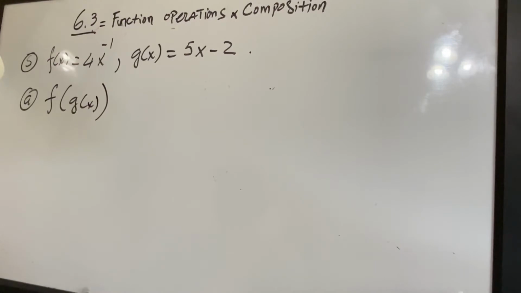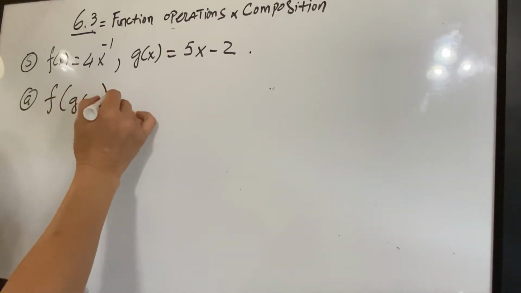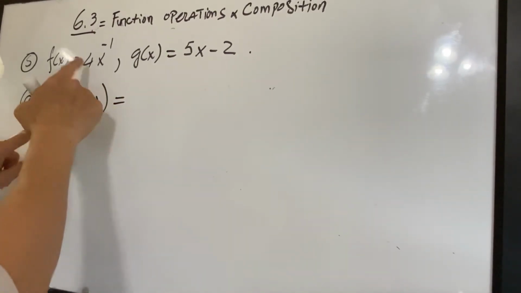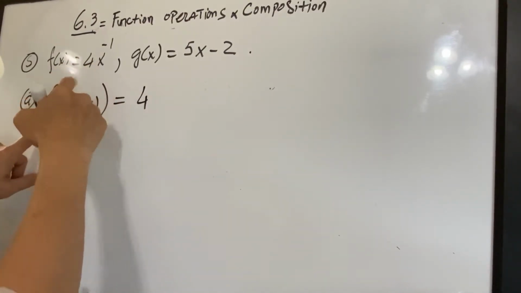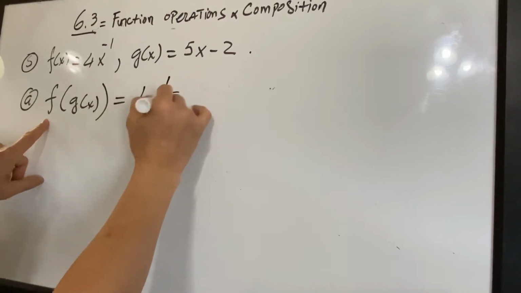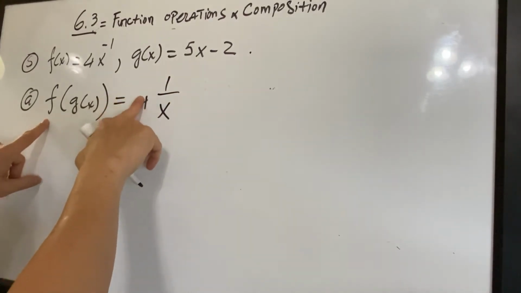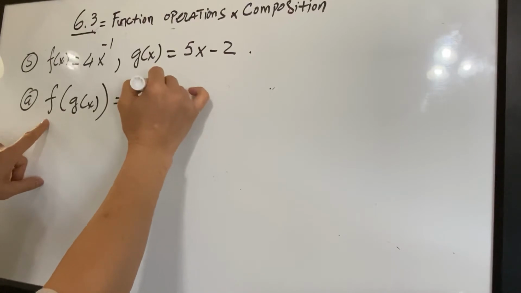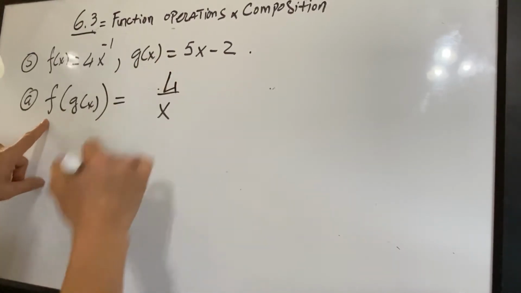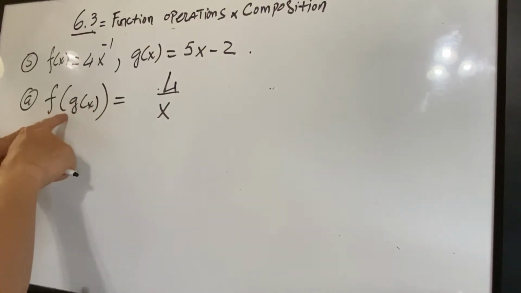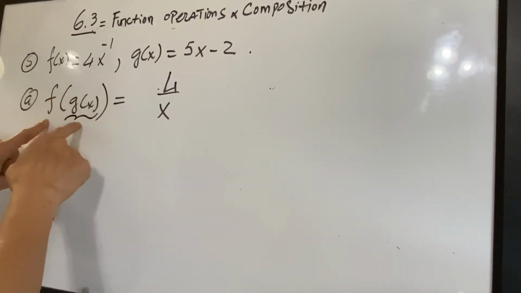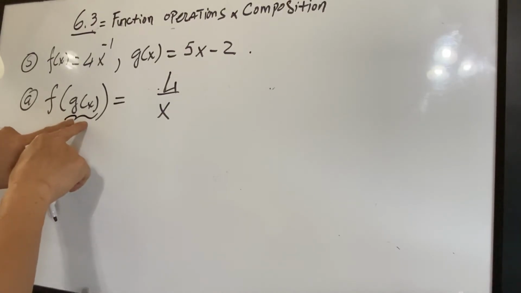All right, you guys ready? Okay, here we go. Look at this. What is f? f is 4 times x to the negative 1, Mr. Dang. Can I rewrite this for you? 4 times 1 over x, which is 4 over x. But look, y'all, your variable of f right now is the whole function g of x.